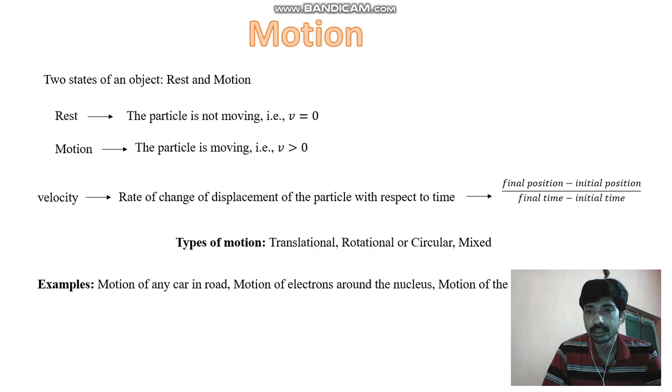And the example of mixed motion is the motion of the tires of a moving car. Whenever a car is moving in a straight line along a road, the tires have two types of motion. They have a translational motion along the same direction as the moving car, as well as they are rotating about their axle. So this is an example of mixed motion.